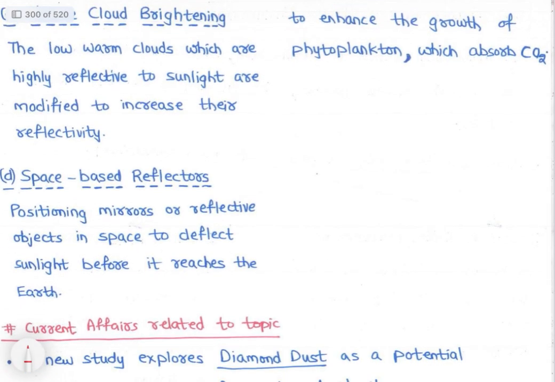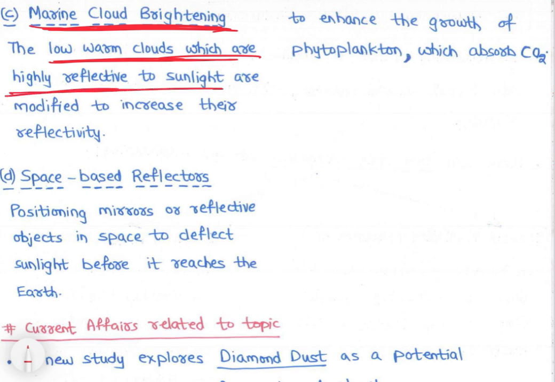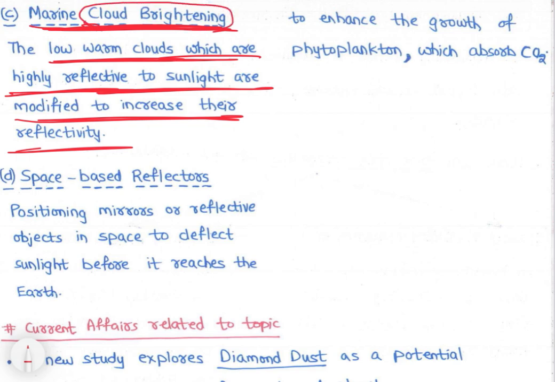Next is marine cloud brightening, that is, the low warm clouds, which are highly reflective to sunlight, are modified to increase their reflectivity. Marine clouds are the clouds over oceans.